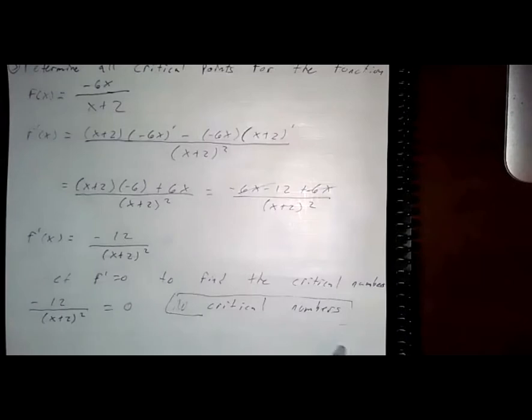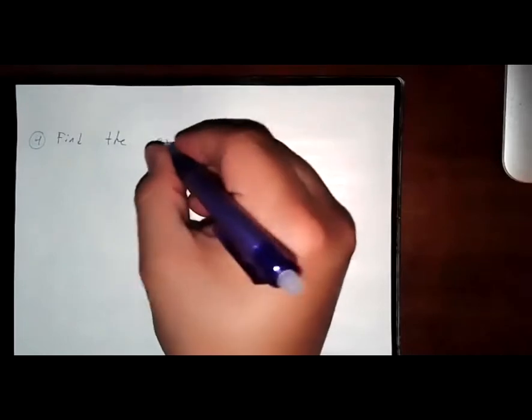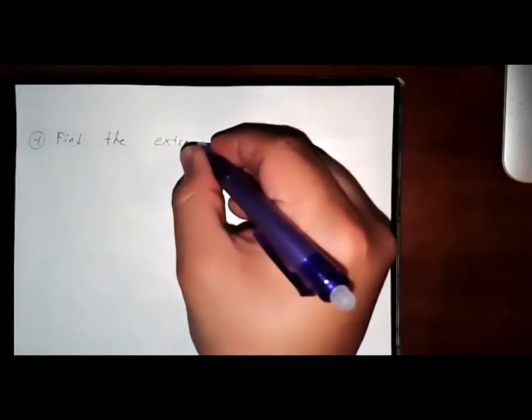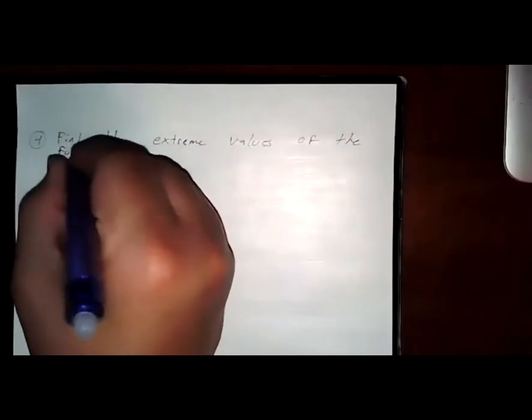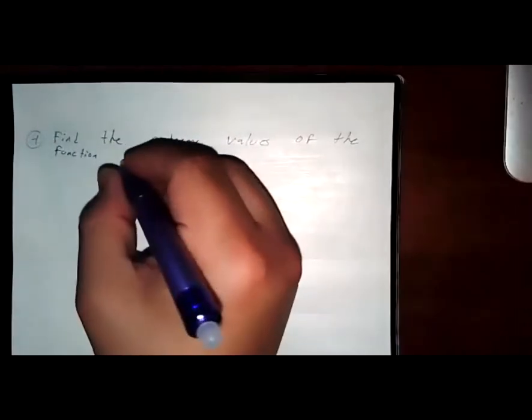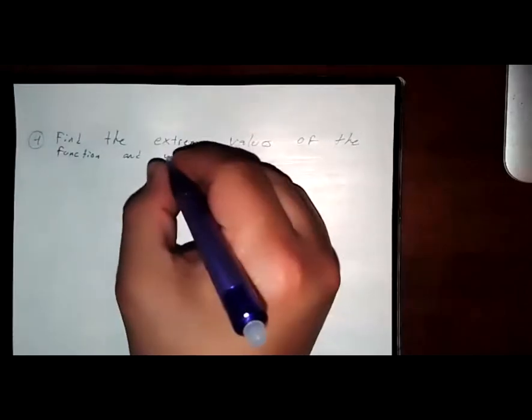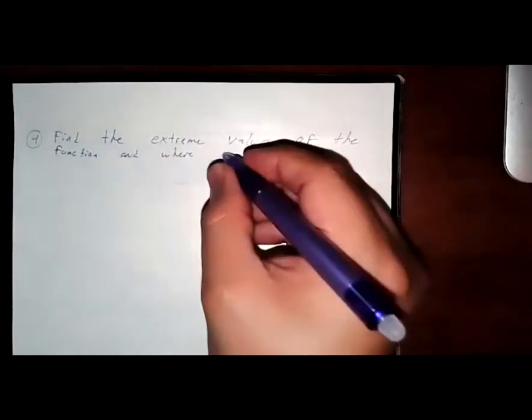Next. Number 4 tells you to find the extreme values, but then determine if it's a minimum or maximum, or if maybe you have both. Who knows, right? Number 4. Find the extreme values of the function and where they occur.